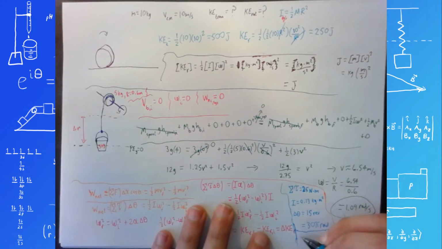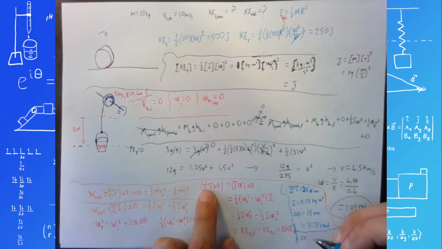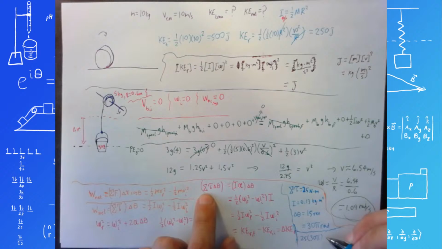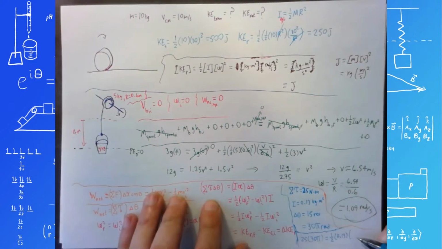So we're going to do 25 times 30 pi. That's your torque times delta theta, equals 1/2 I, so 1/2 of 0.13, times omega final squared minus omega initial squared.